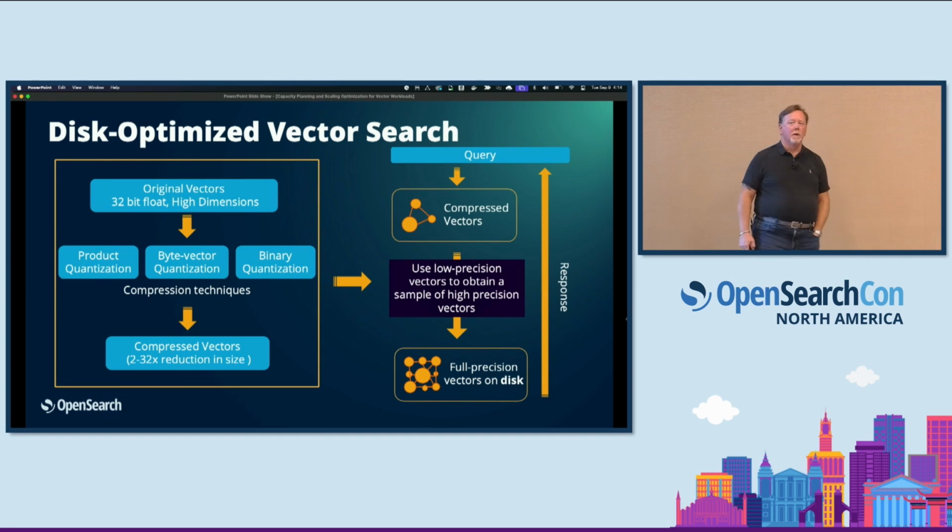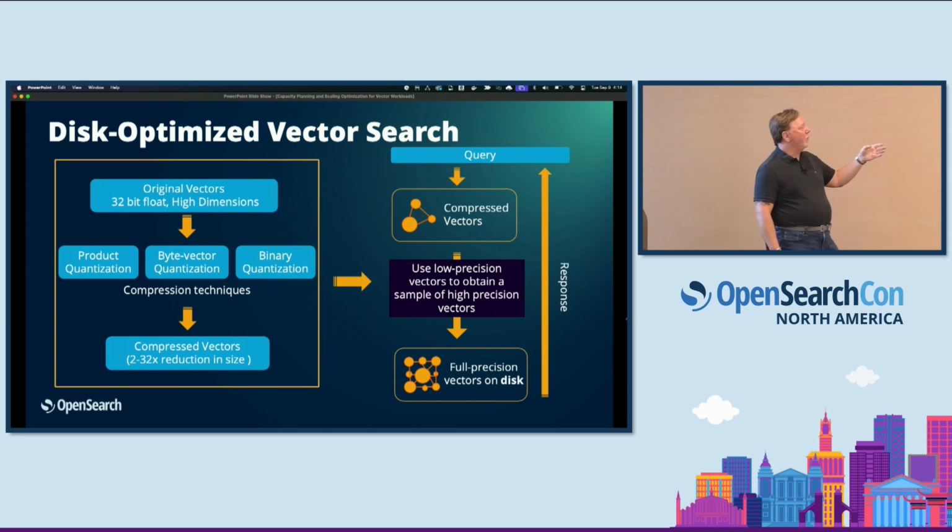Okay, so let's talk disk optimized. With disk optimized vector search, we take our original vectors, which are 32-bit floats. We apply product quantization, byte vector quantization, binary, different compression techniques to create compressed vectors that we use to build the HNSW graphs, right?